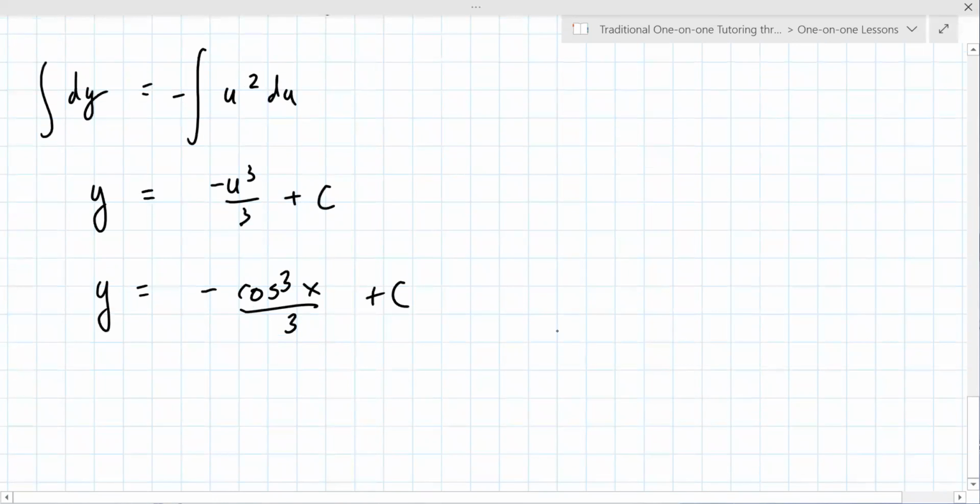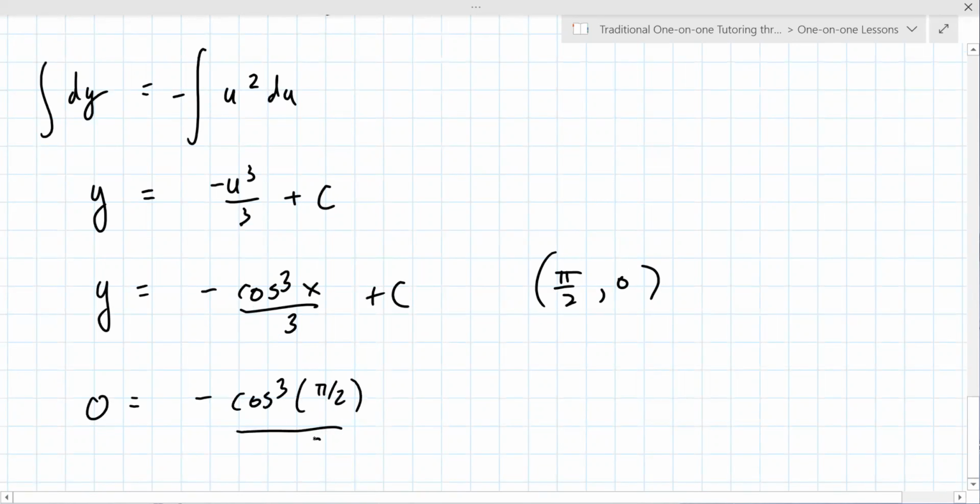So the initial condition is pi over 2 comma 0. So 0 equals minus cosine cubed of pi over 2, over 3, plus c. And cosine of pi over 2 on your unit circle is up here at the top. What's the x value there? 0.